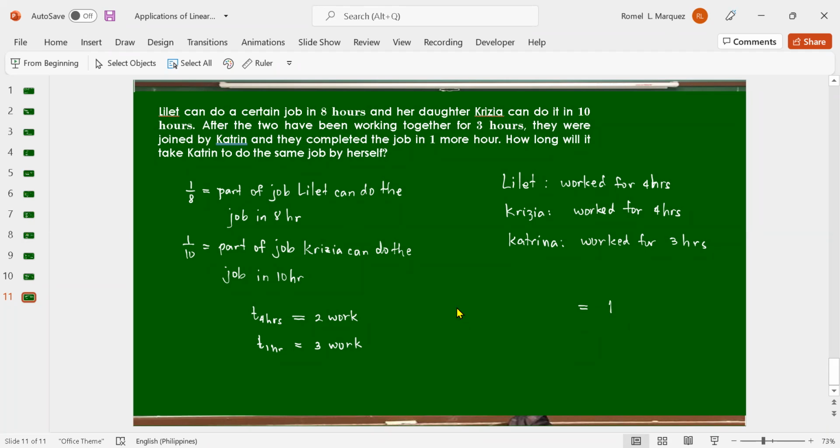Kaya yung rate mo, 1/8, ito yung hint, 1/8, ilang oras siya nag-work? 3. Plus 1/10, ilang oras siya nag-work? 3.